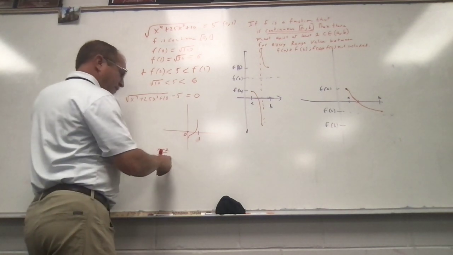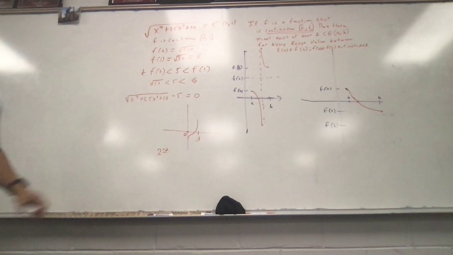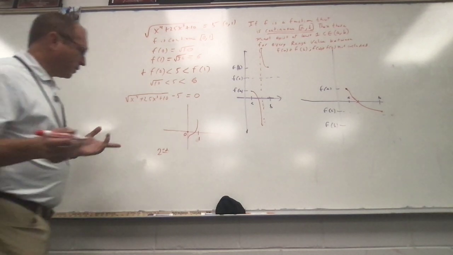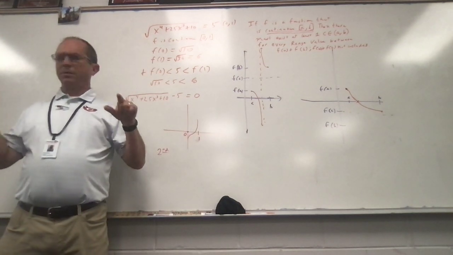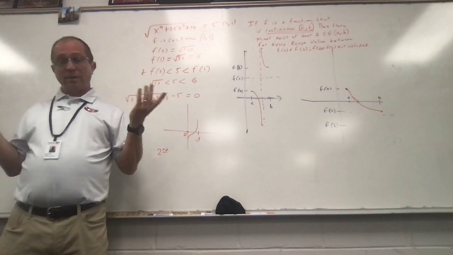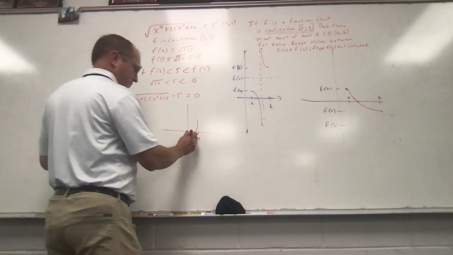So second trace, and it's going to ask you for a left bound. Do you want us to click on 0? Well, you can. It doesn't matter. You can put 0 in there because it would work. You can tap left and right, or you can just put 0 in and push enter if you wanted to do that.